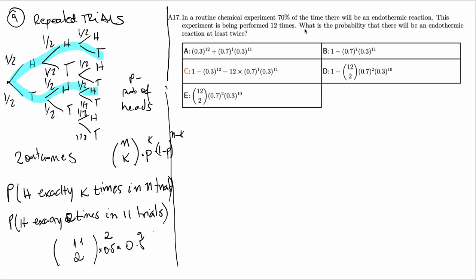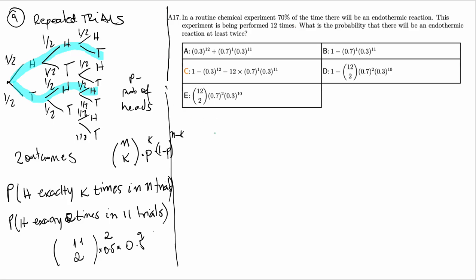So 70% of the time, something will happen, an event of interest will happen. This experiment is being performed 12 times. Okay? So I'm performing an experiment that can have a reaction or not have a reaction, right? And I'm doing it 12 times.